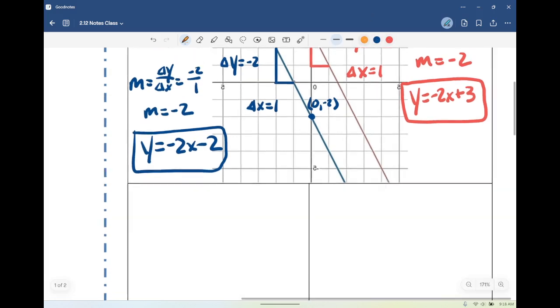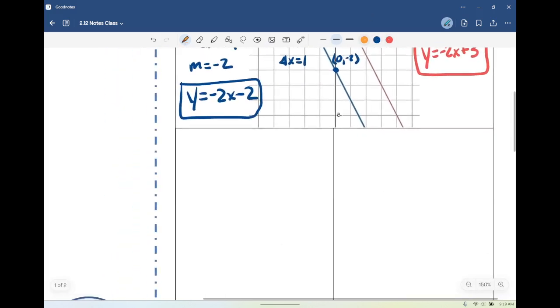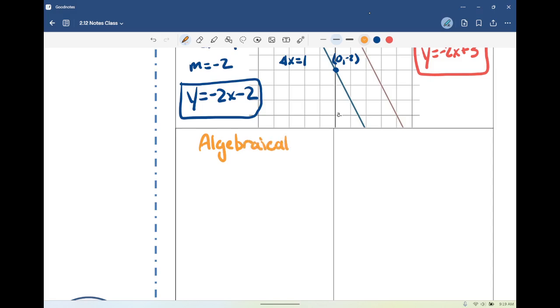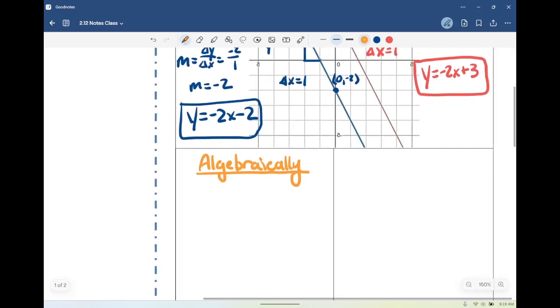Algebraically, so you have two boxes. The left one's going to be algebraically. Algebraically, we expect to see the same what's? Amir. Slope.